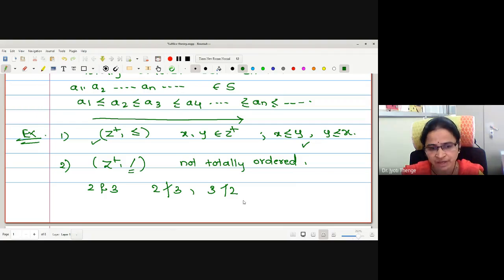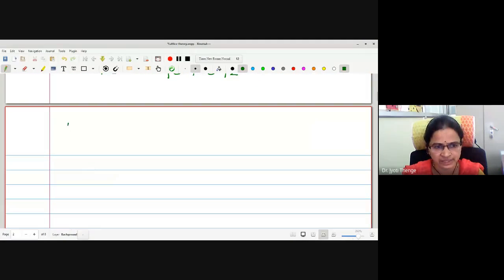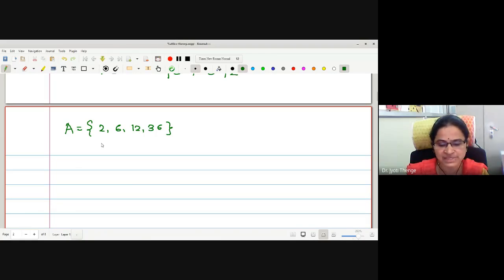What will happen if I restrict this to a finite set? Will the same be true? Let me give an example. Suppose I take a set A with the elements 2, 6, 12 and 36. Purposely I am taking these kinds of elements. This is a finite set, and I want to check under divisibility whether it is a totally ordered set or not.